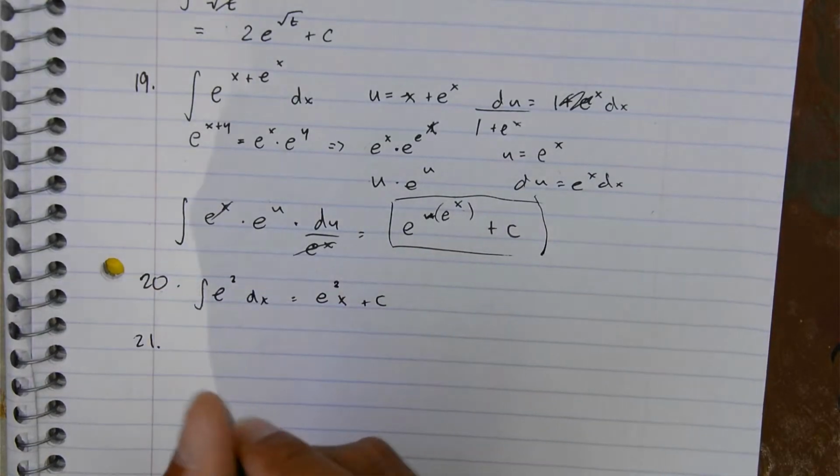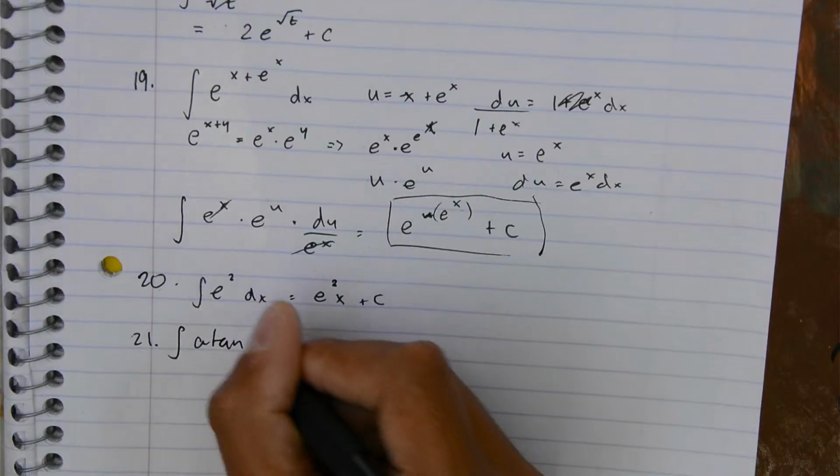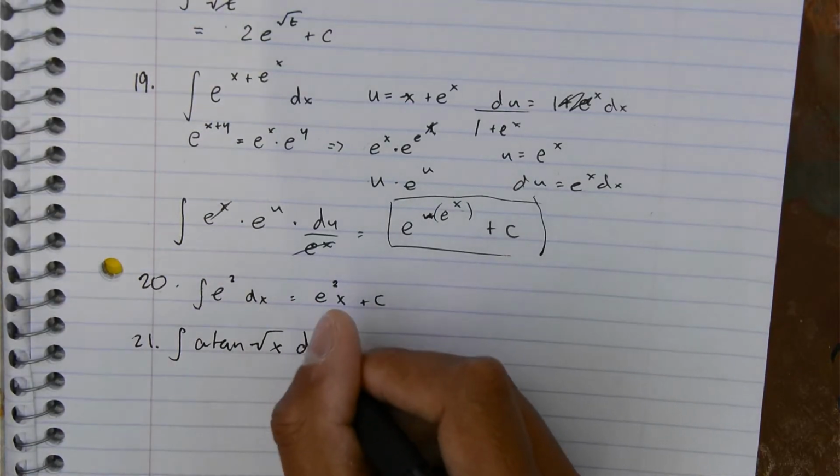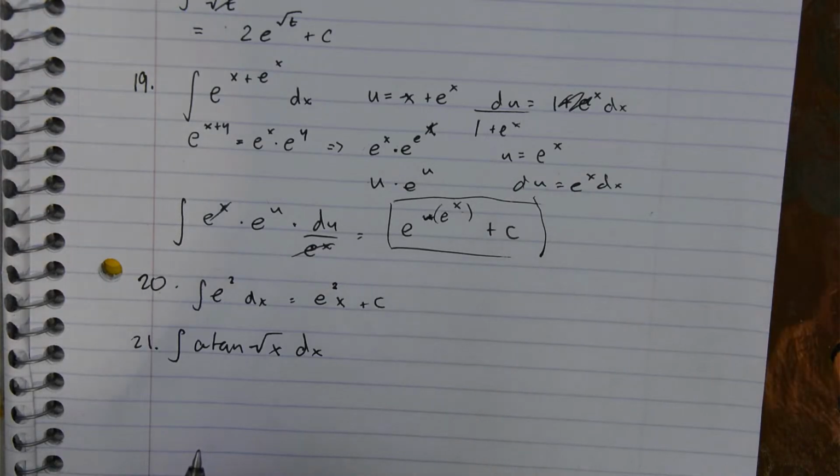21. Okay, here we go. This is a good one. A tan square root x dx. Okay, so you can't really just u sub the square root x, because then you get another term.